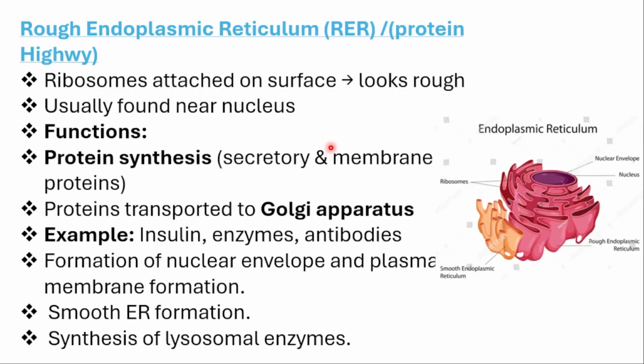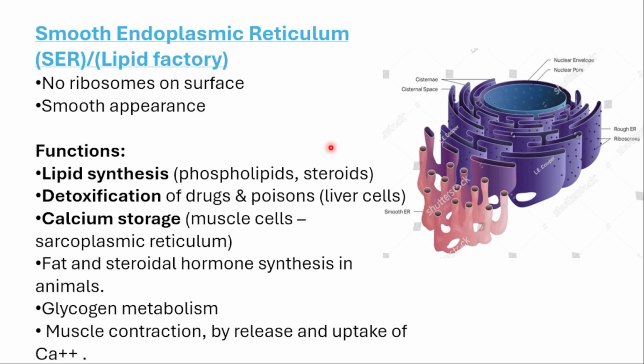If ribosomes are present on the endoplasmic reticulum, it is said to be rough, because when ribosomes attach to the surface, it looks rough. In a simple way, if the endoplasmic reticulum doesn't have ribosomes attached to its surface, it is said to be smooth. You can differentiate here. Let me show.